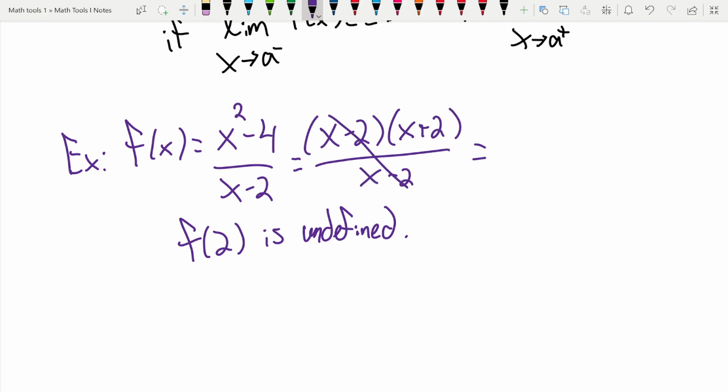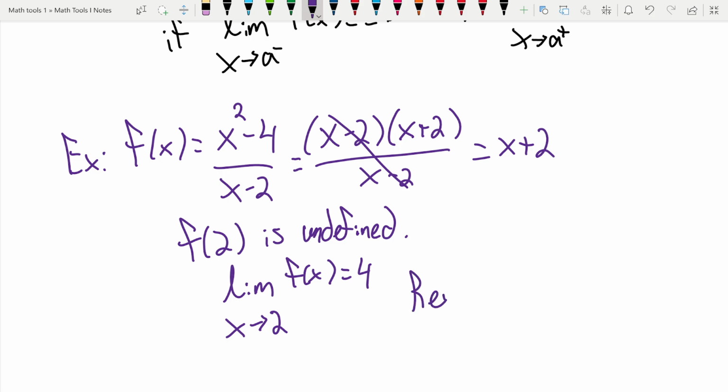So these do cancel out and we get x plus 2. So when we take the limit as x approaches 2 of f of x, we just get 4, right? For the left and the right sided limit. So the limit overall does exist. So this falls into the first category then. So this is going to be a removable discontinuity.